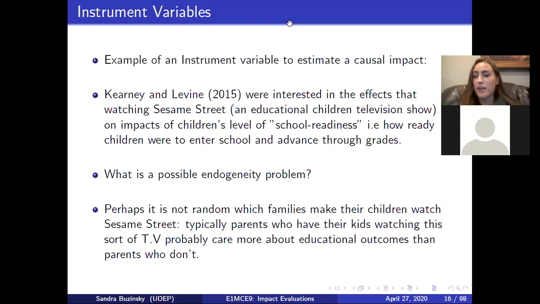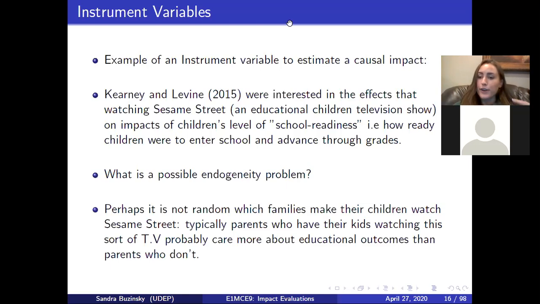And it could be through income, it could be through motivation for their children, or even parents' education. Maybe parents who are more educated care more about their child's education, and so they make their kids watch Sesame Street. So it could be all of these other factors other than just watching Sesame Street that are affecting how ready a kid is for school.